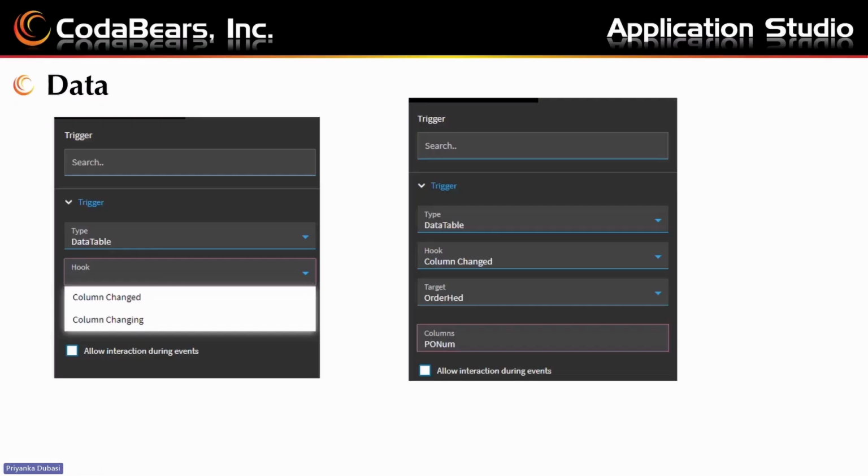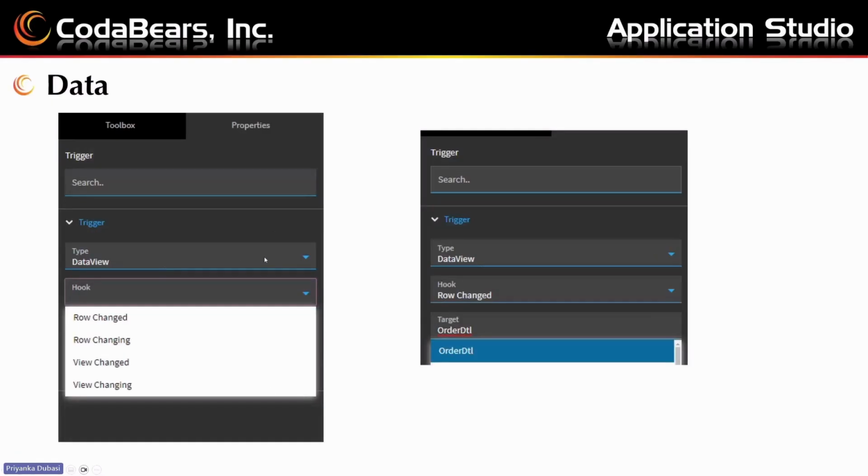Then I can put my trigger on, select the data table, and then select the hook, which could be column changed or column changing. Then you can select the field name. So this is a trigger wherein my data table is order head, my hook is column changing, and my column is, let's say, customer ID. Then what else should happen? You can put in your own widgets to see what could happen on that.